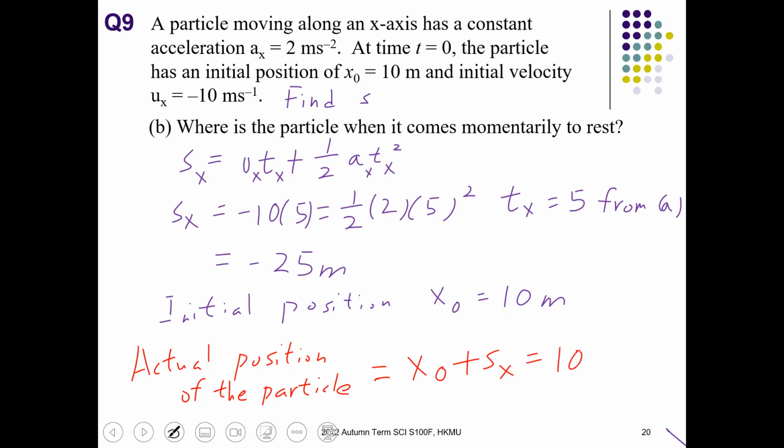This is 10 minus 25, in which the actual position will be minus 15, in which it is moving in a reverse direction.